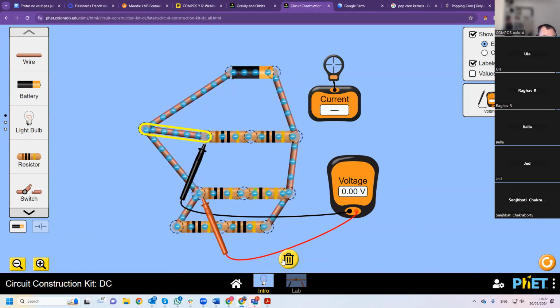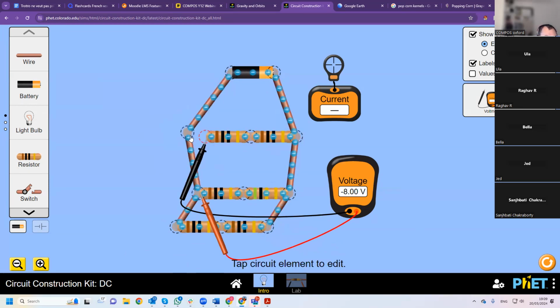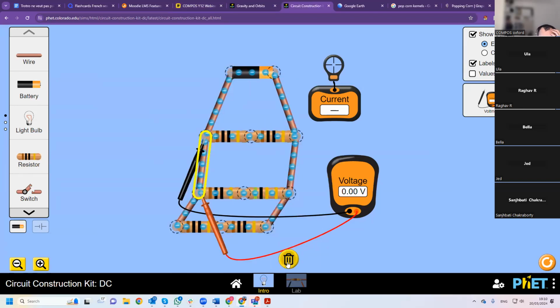So let's remove that. There's 0 current, there's 0 voltage here, and yet you see that current flows through the wire. But the wire has 0 resistance. And it does make sense. 0 times I is 0 volts. However, if you were to remove this wire, look what happens to the voltage.